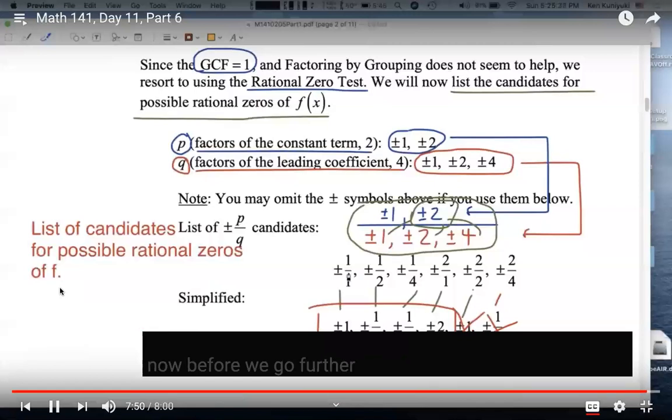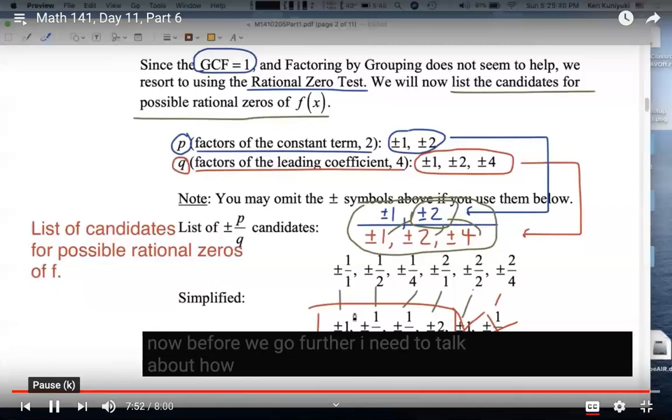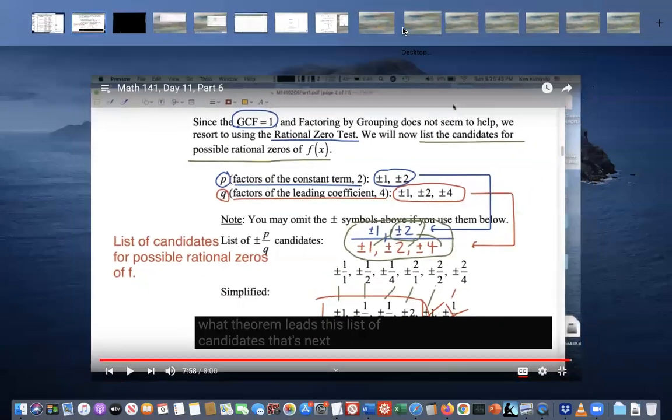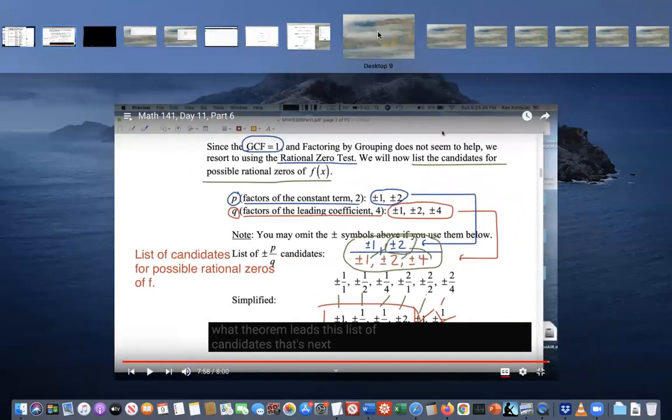Now, before we go further, I need to talk about how to generalize this. What theorem leads to this list of candidates? That's next. Any questions about these pieces?